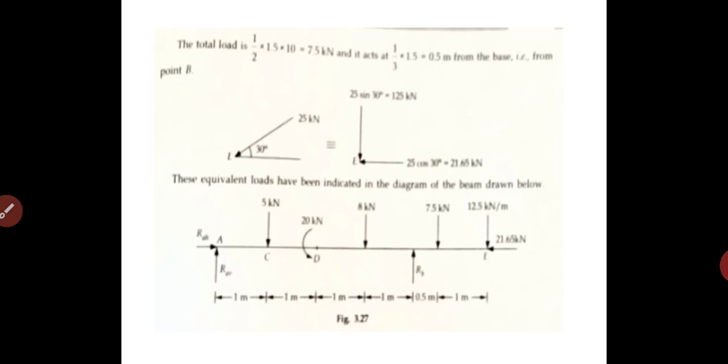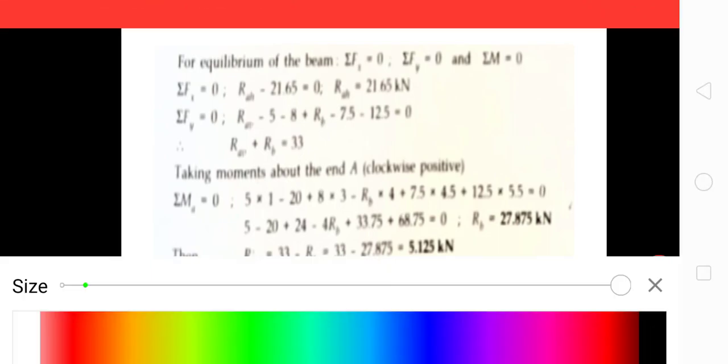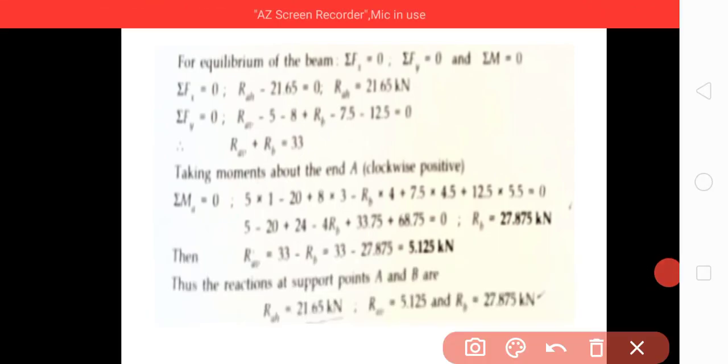This is counterclockwise, not clockwise. This is counterclockwise, that's why this is again negative. So 5 into 1 minus 20 plus 8 into 3 minus RB into 4.